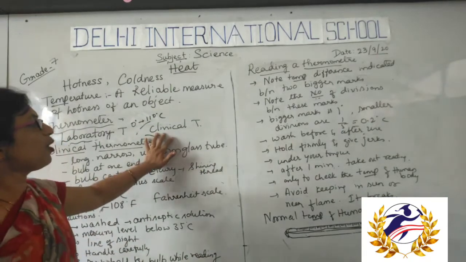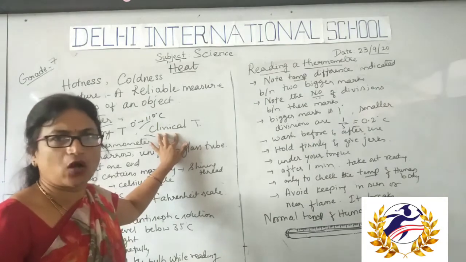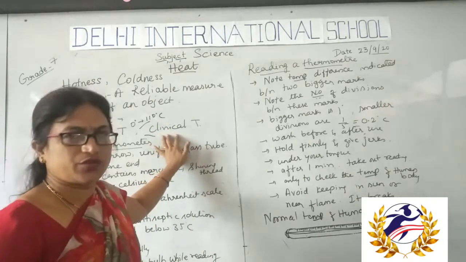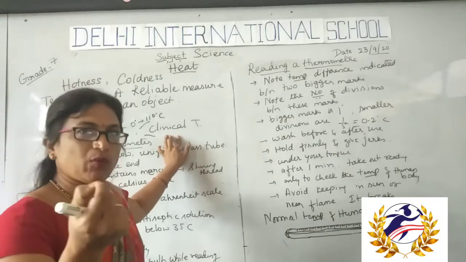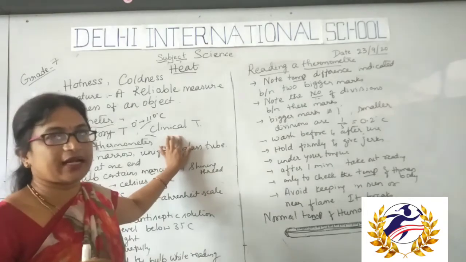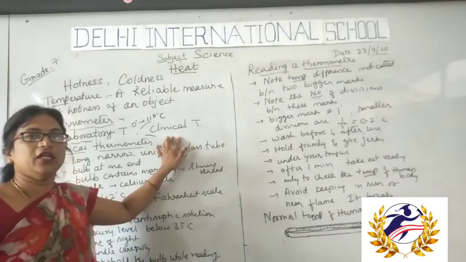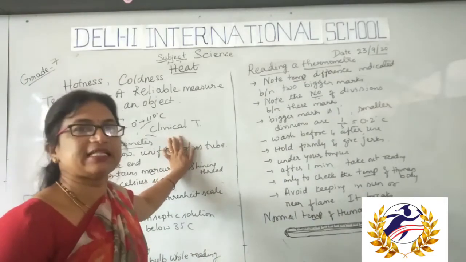The clinical thermometer, you might have seen with the doctors, isn't it? When you go to check your fever, they will usually keep the thermometer under your tongue and check the temperature of your body. Usually the normal temperature of a human body is 37 degrees Celsius.